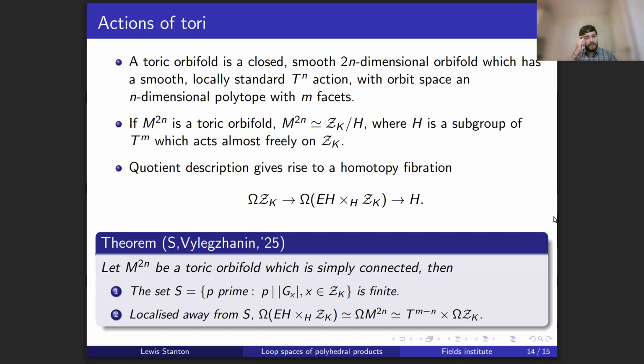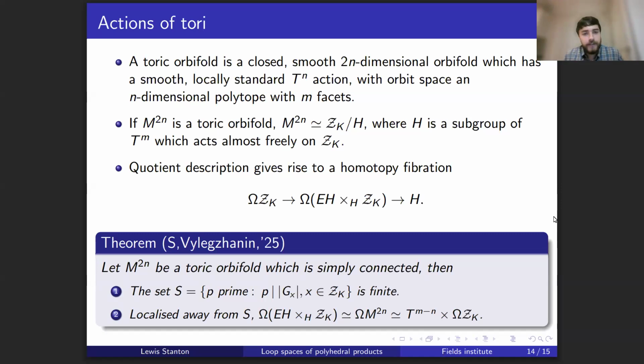And then if you localize away from this set, then actually the Borel construction is homotopy equivalent to this quotient, and therefore the toric orbifold and this homotopy fibration will split. And because it's simply connected, this subgroup must be a closed connected subgroup of the torus, so will just be some subtorus as well. So in particular, if you localize away from enough primes, this will allow you to verify Anick's conjecture for these spaces as well.